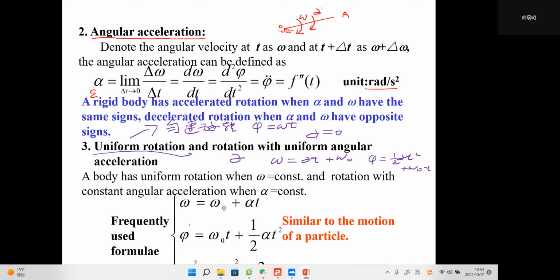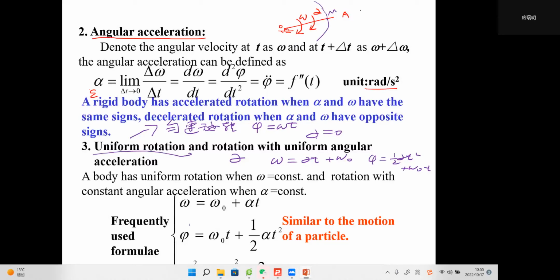Let's just arbitrarily select a point M here. Because this OA is a rigid body rotating around the fixed point O, any point on this OA will have a circular trajectory. So this M will have a circular trajectory.